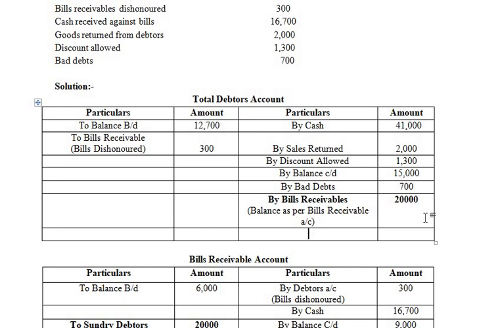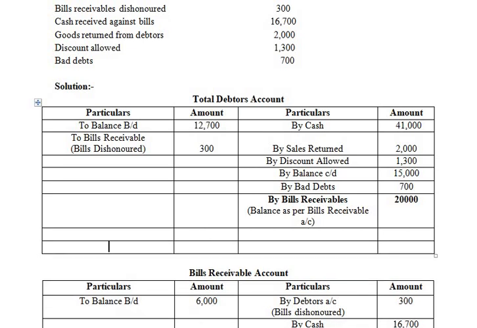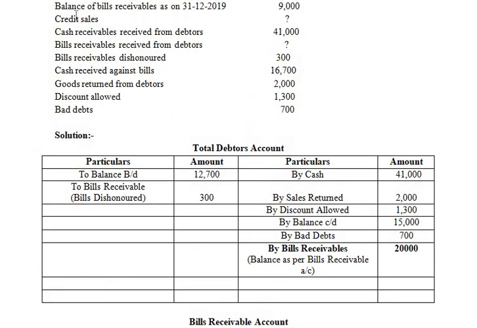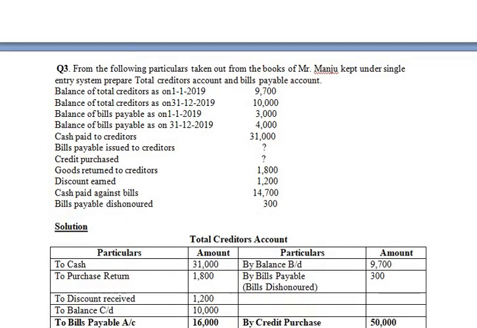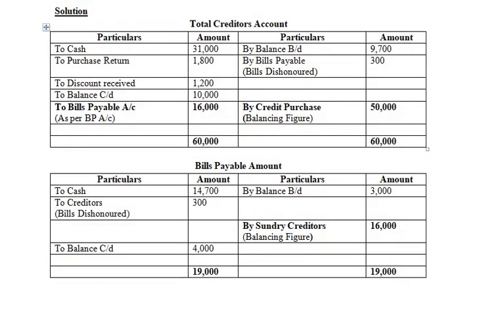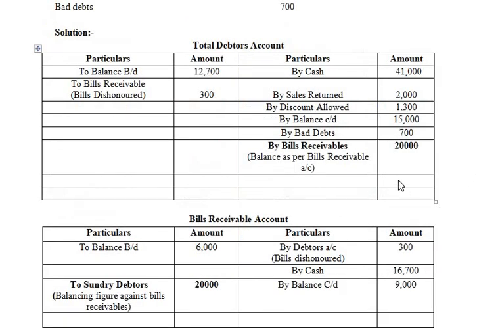All right. Next, is there any other entry to be passed in case of debtors account? We can close the debtors account because we need to find out the amount of credit sales. So let's total the debtors account. 41,000 plus 22,000 plus 1,300, 15,000, 700 and 20,000.